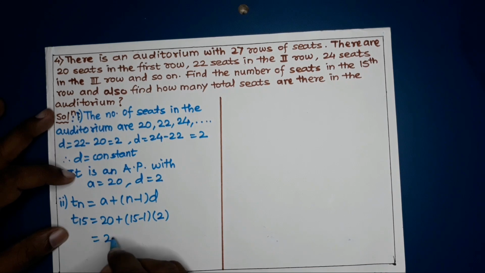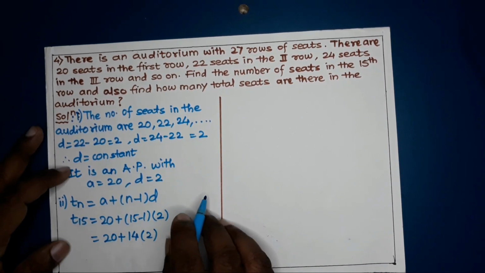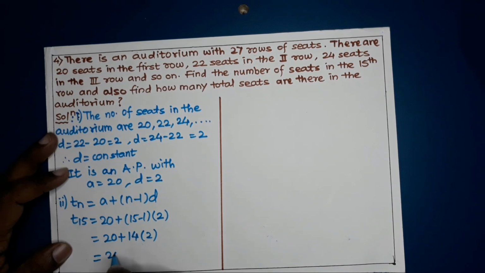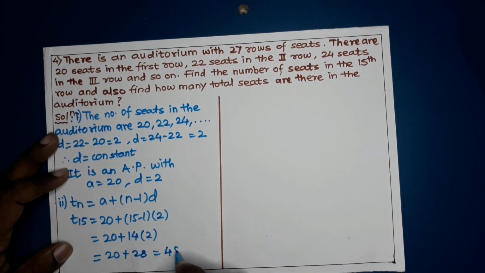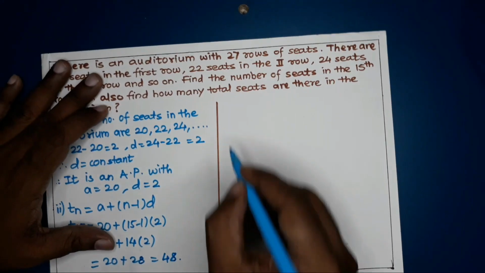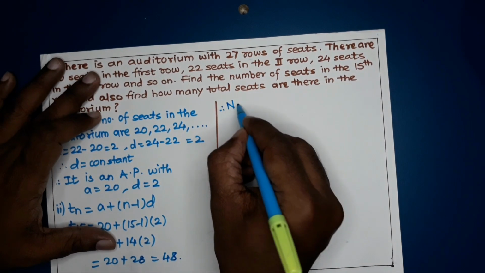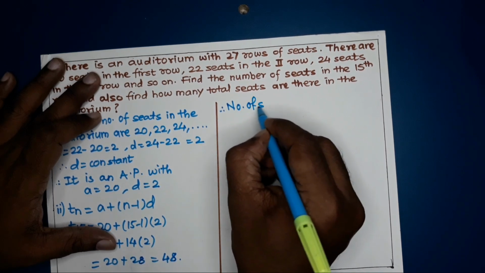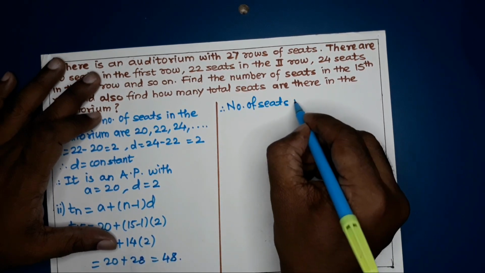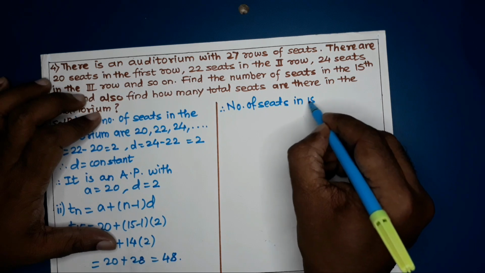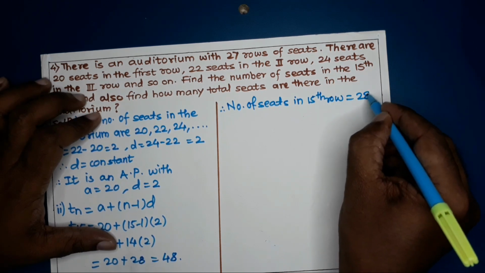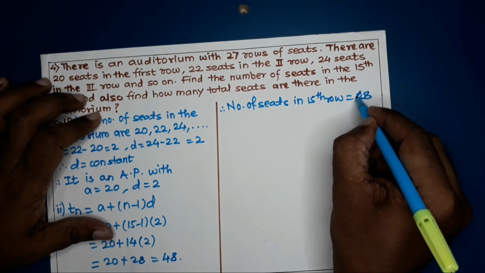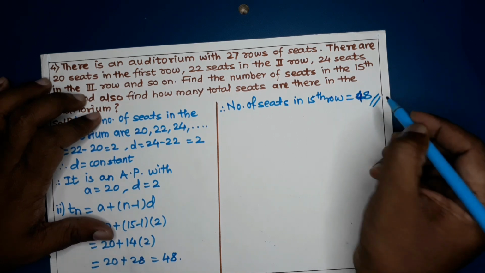So it will become 20 plus 14 into 2, which is 20 plus 28 is equal to 48. So our first answer is the number of seats in the 15th row is equal to 48.